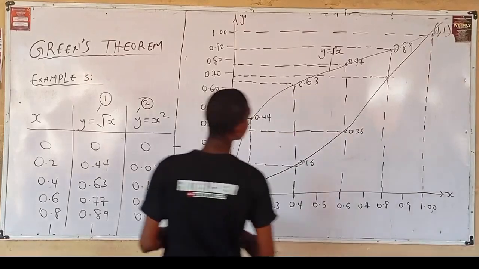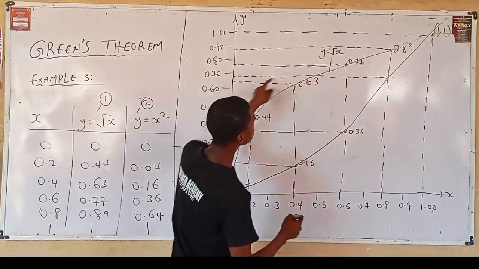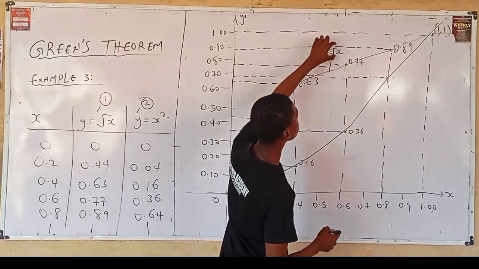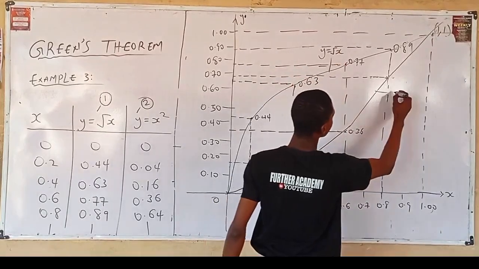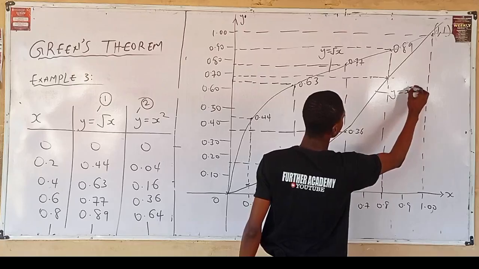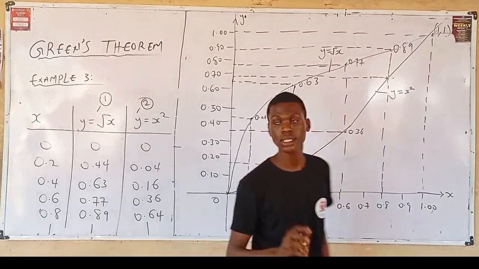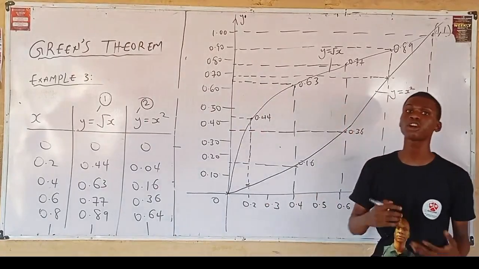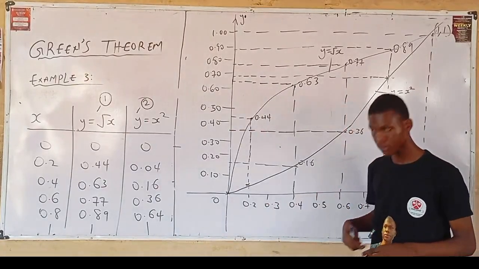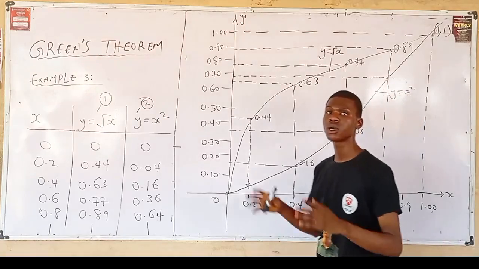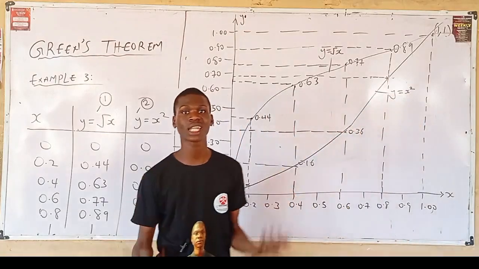Alright, now from here, this first curve, meaning y equals square root of x. This second one, y equals what? x squared. Now we said we want to determine the limit when it comes to what? Line integral.